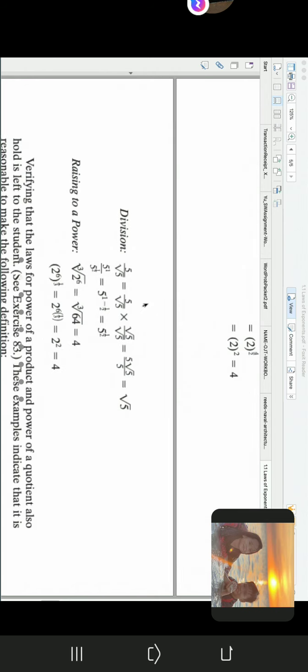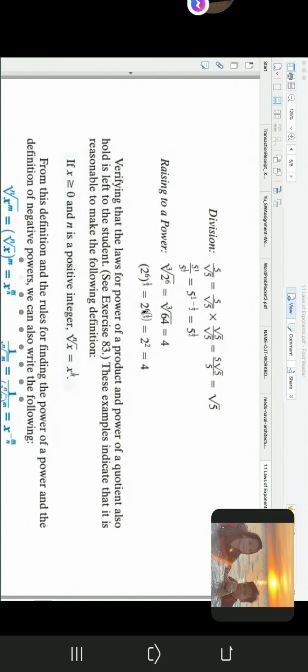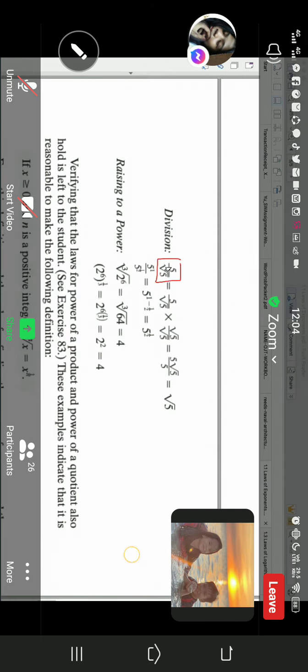Okay? And the next example is applying division. Let's say we are given this one, 5 over square root of 5 is equal to, in order to omit the square root sign, we have to multiply this whole fraction by whatever the denominator with the radical sign is. So that is square root of 5 over square root of 5. This is rationalizing the given fraction.